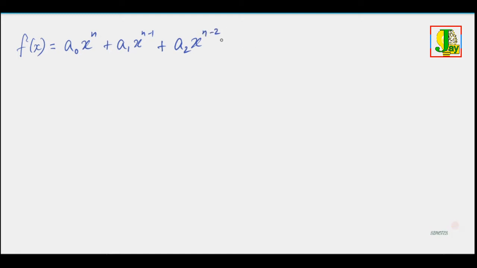So like that we can go on with the terms. Okay, so the second last term will be x power 1, so we don't have to write power. The last term is this.